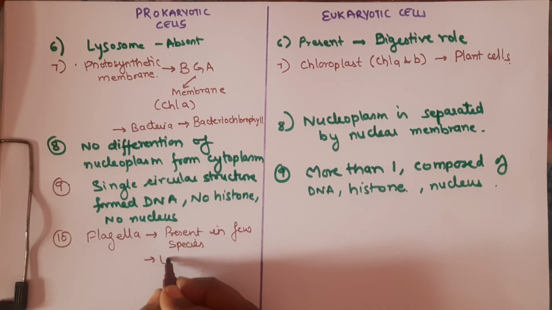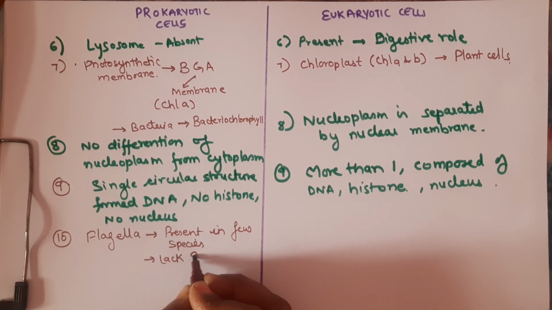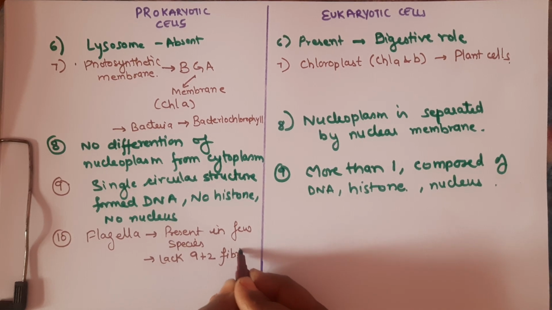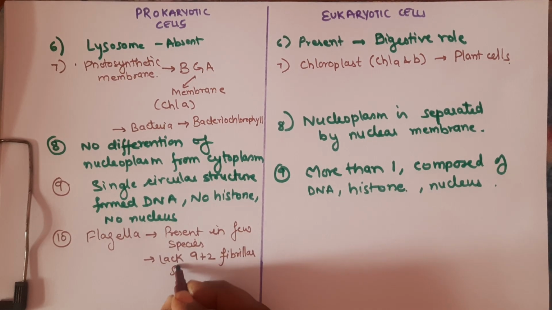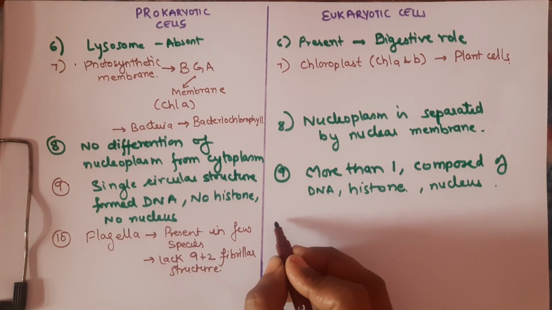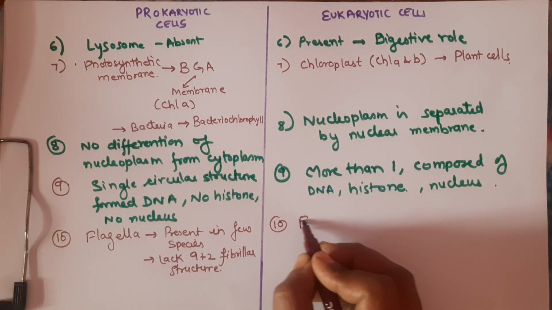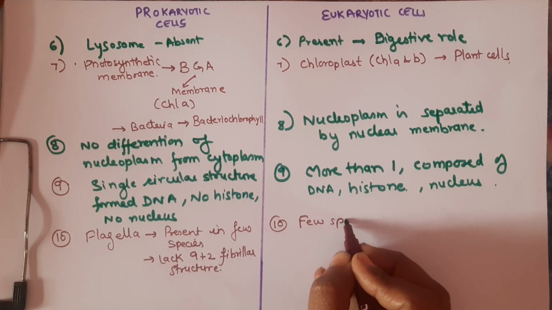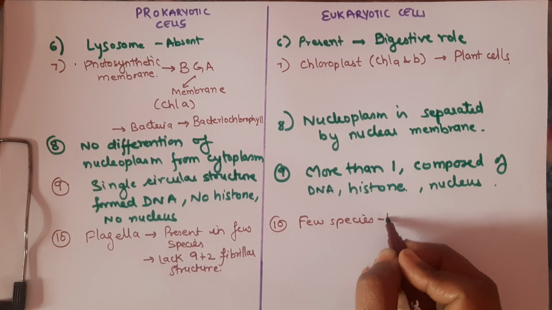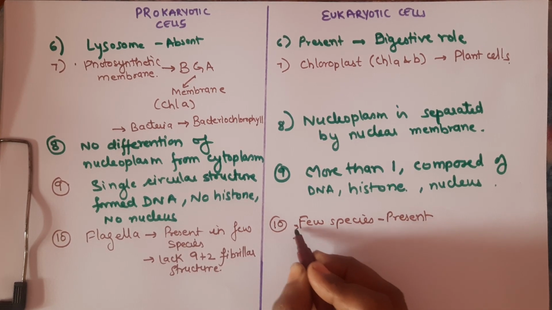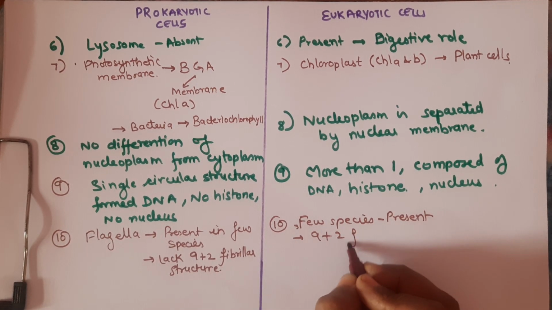However, they lack the 9+2 fibrillar structure. In the eukaryotic cell, they are also present in few species, and they exhibit 9+2 fibrillar structure.